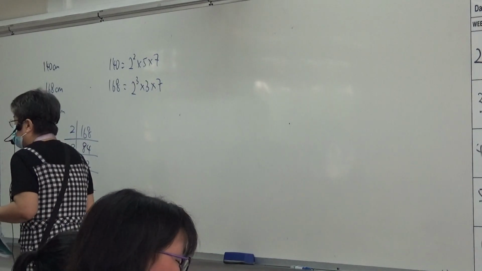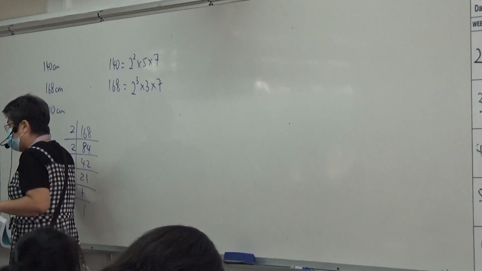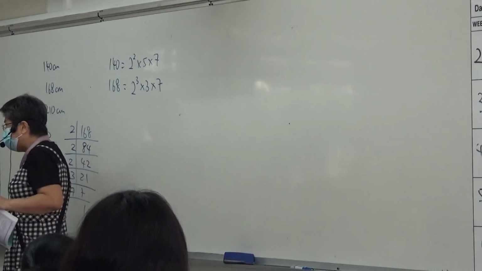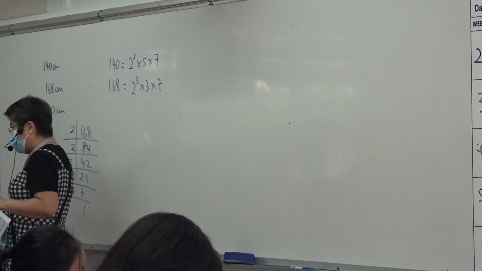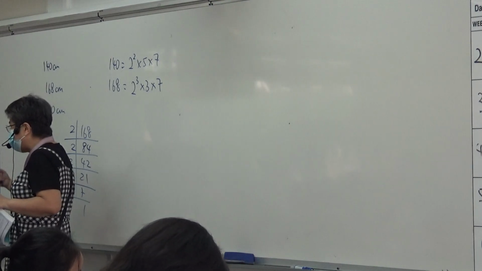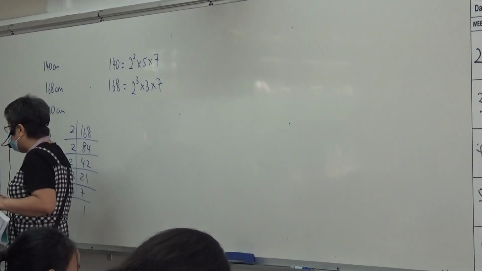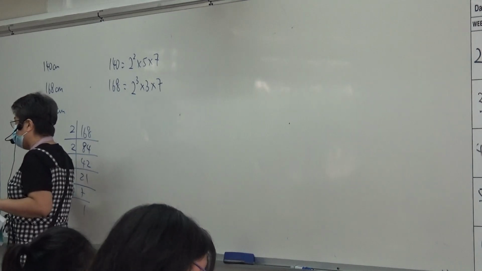What is that? 70 divided by 3. Use your calculator. So you must look at the calculator in the factor. 70 is a given number. Of course, you divide by 2 first, right?